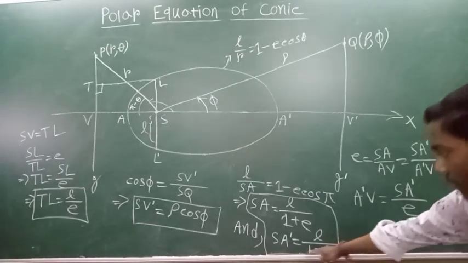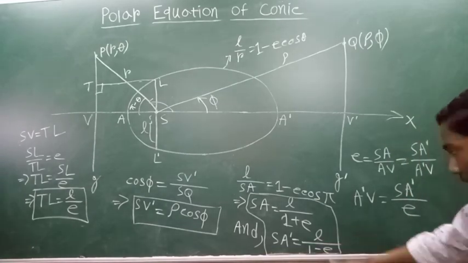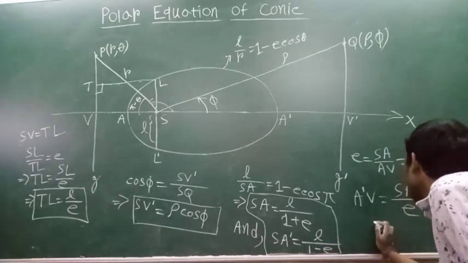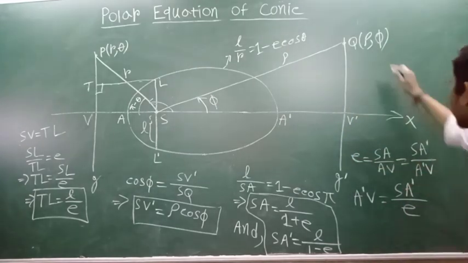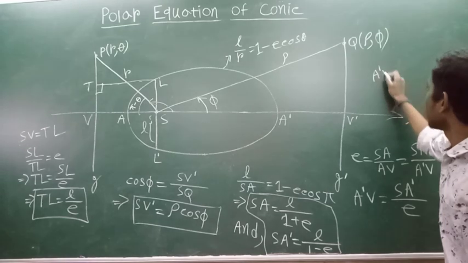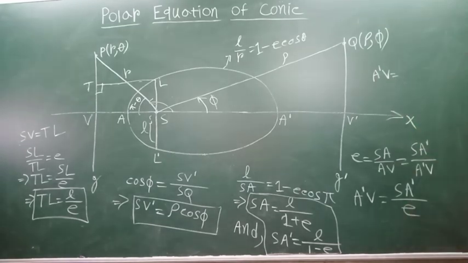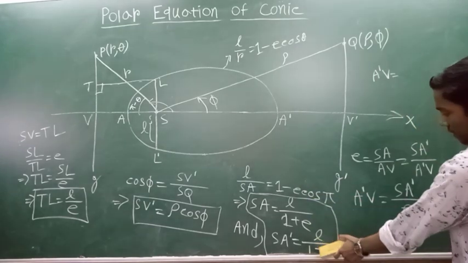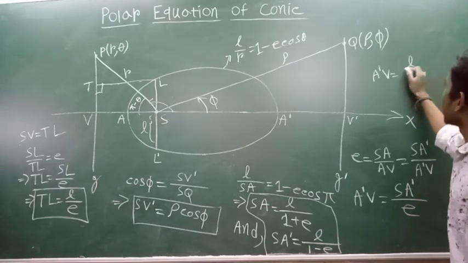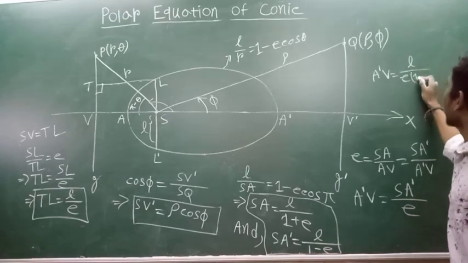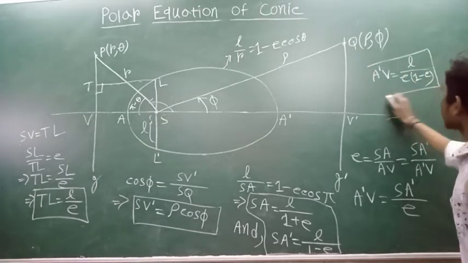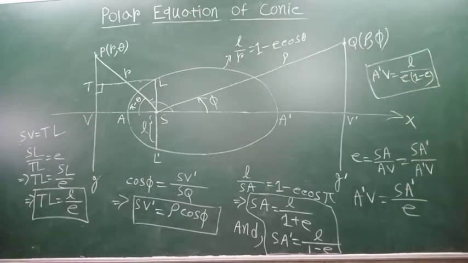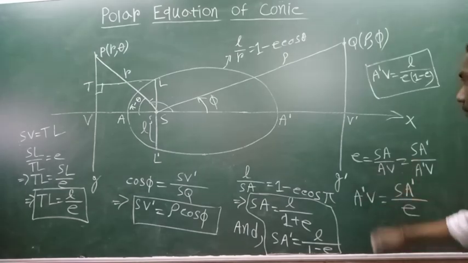And we have already derived that S A dash is equal to L by 1 minus E. So here we can write A dash V is equal to S A dash by E, and S A dash is L by 1 minus E. So this is equal to L by E into 1 minus E. A dash V is equal to L by E into 1 minus E. Now students, what is A dash V dash?